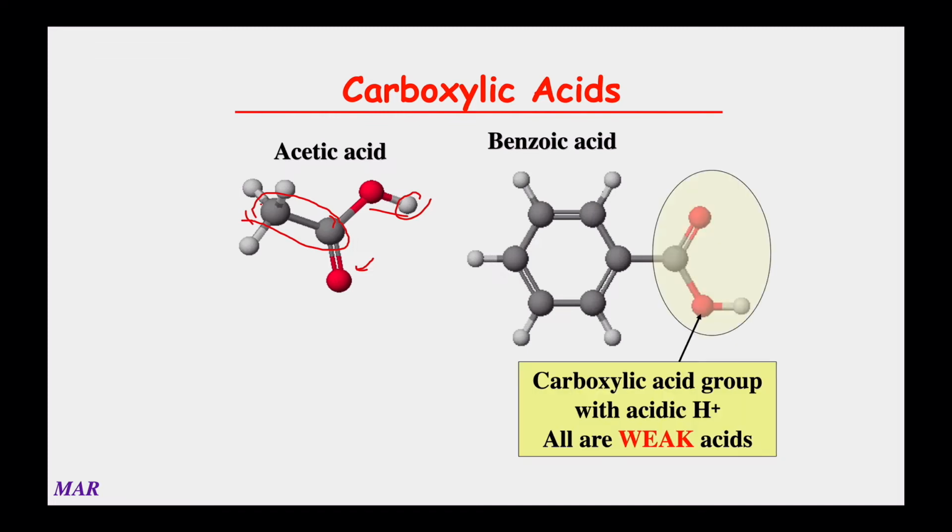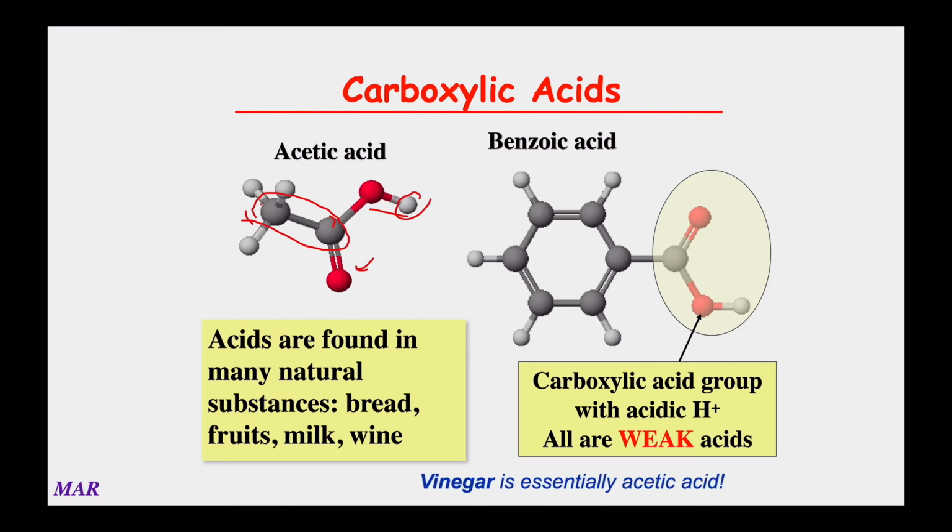The important part is that in all these carboxylic acids, the hydrogen next to the O is slightly acidic. When the hydrogen as H plus pops off, you have an O -1, and the double bond O will resonate back and forth. So the O -1 can go back and forth between the oxygens, which provides a little bit of stability. The same thing with acetic acid.